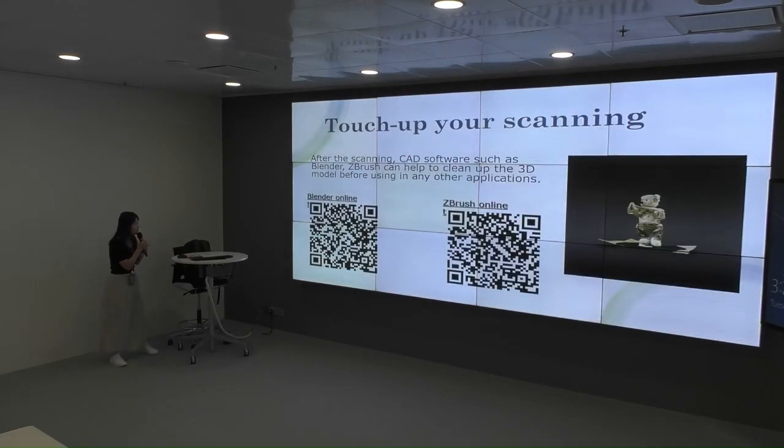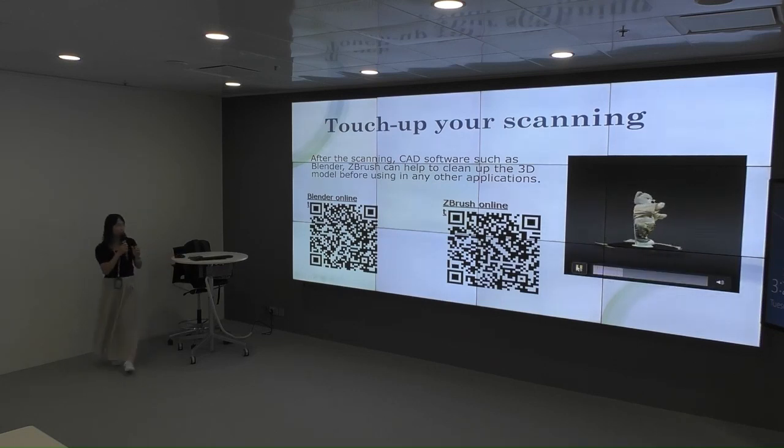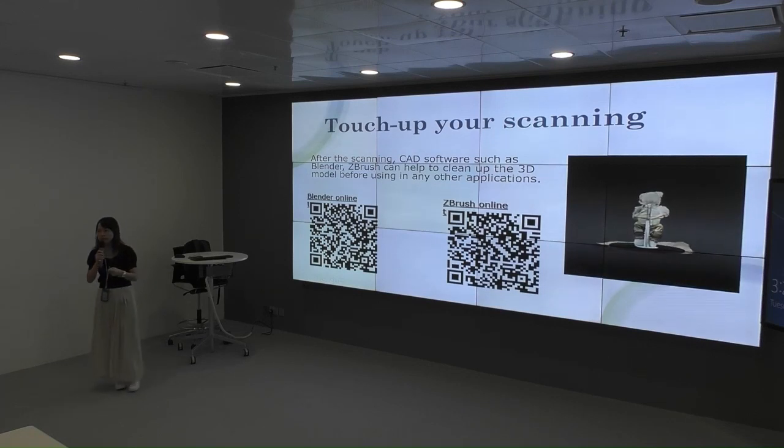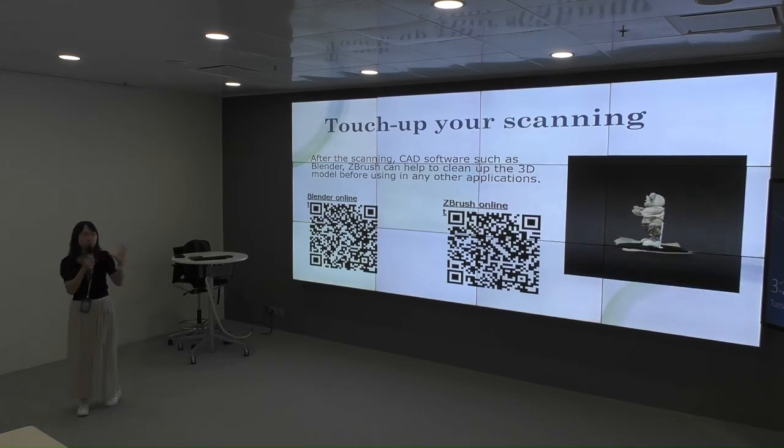And here is some video for you to learn how to clean up your 3D model. After the scanning, the model won't be perfect, such as this one. This is Muppet from CC Collection.